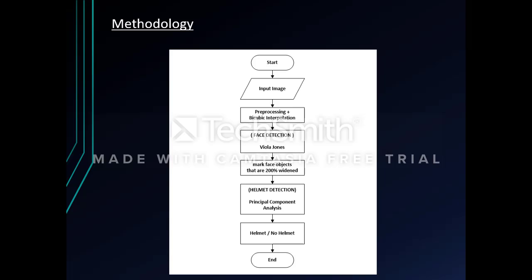Then helmet detection using principal component analysis. We do most of the work in this part, and then we know whether there is a helmet or no helmet in the image.